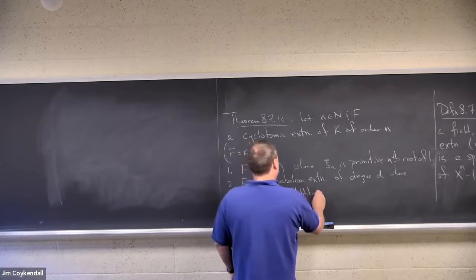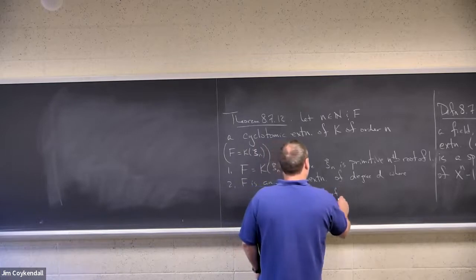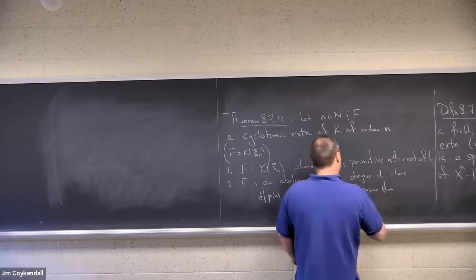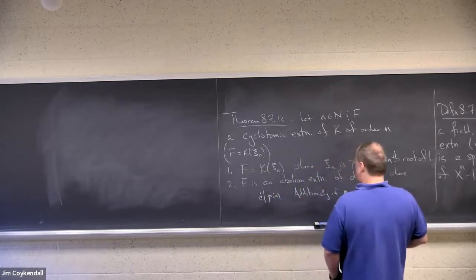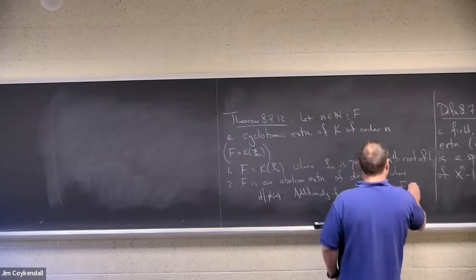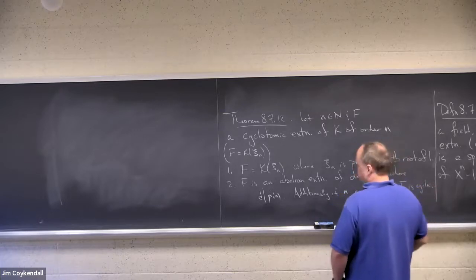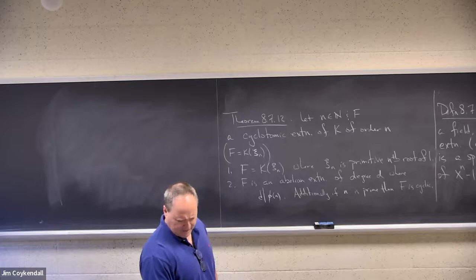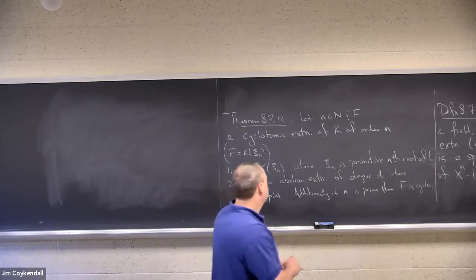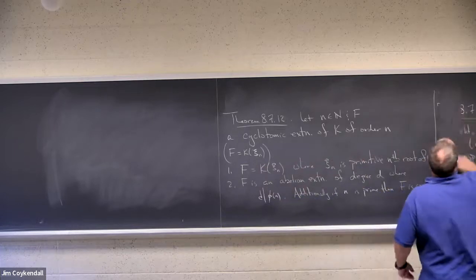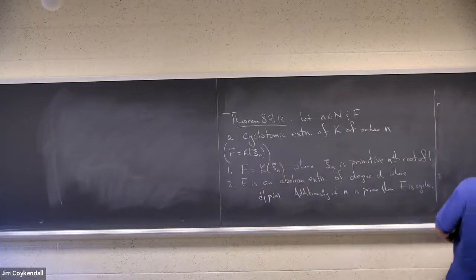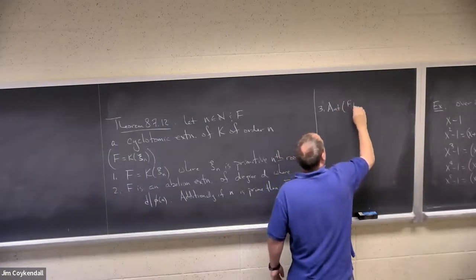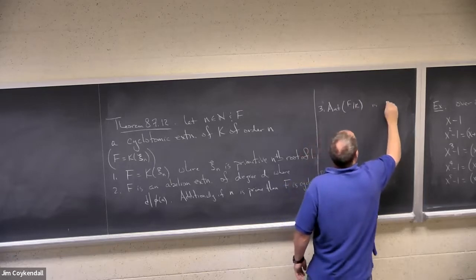Additionally, if n, number 3, the Galois group of F over K is isomorphic.